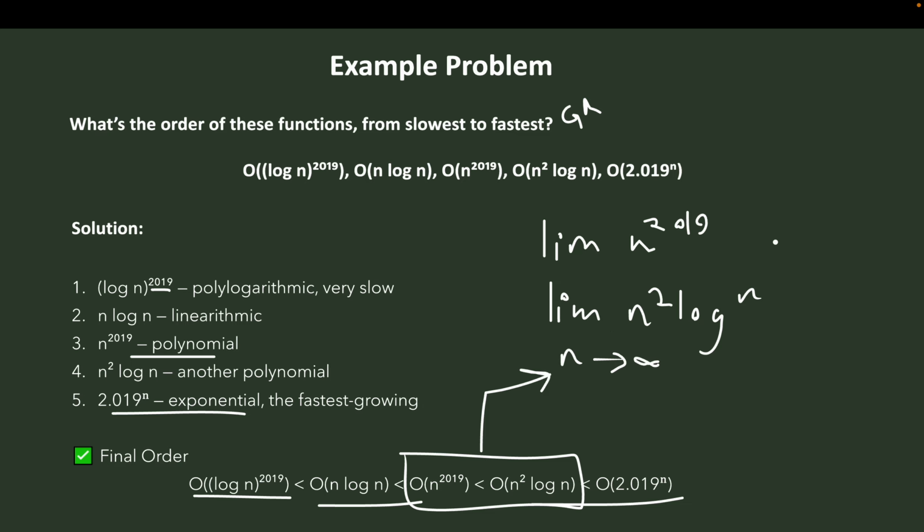If you find the asymptotic performance of these two functions, you can see what the relation is, and by this you can prove that this relation holds. And then we have this final order, as you can see here.